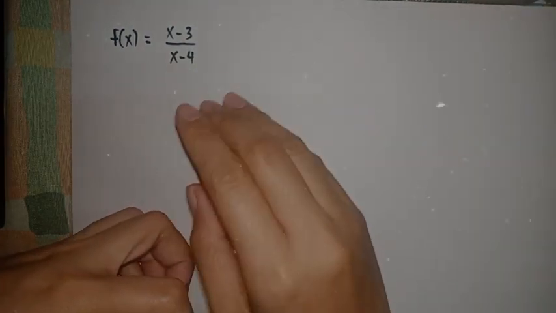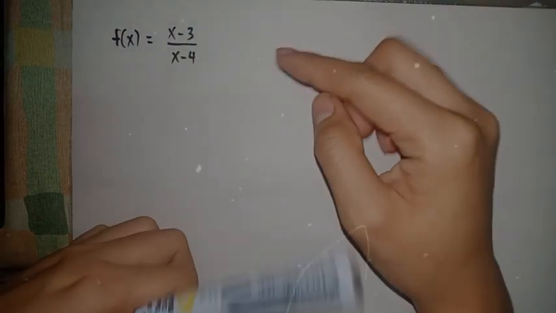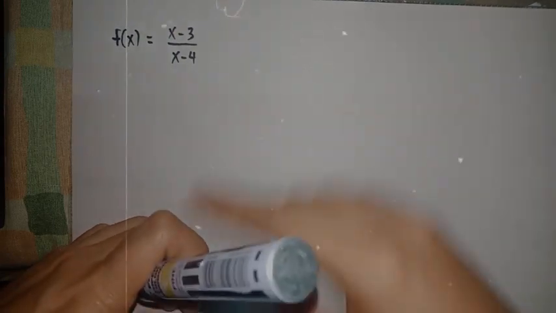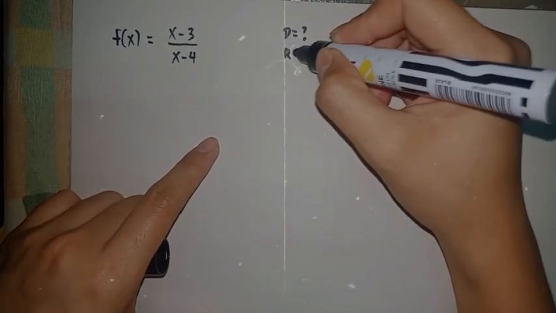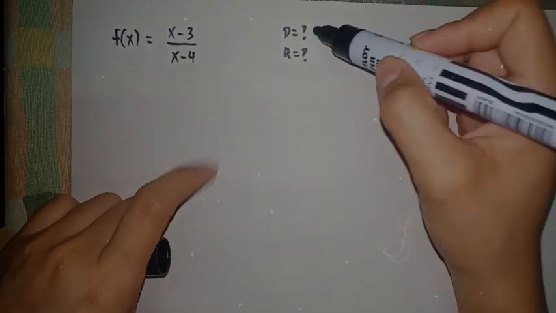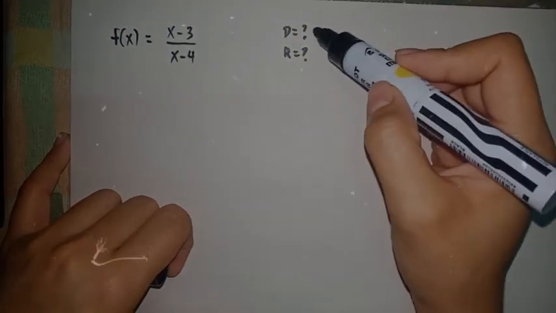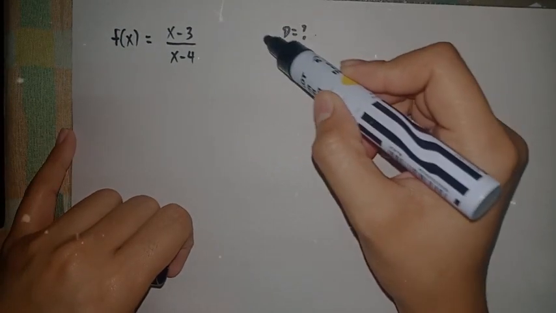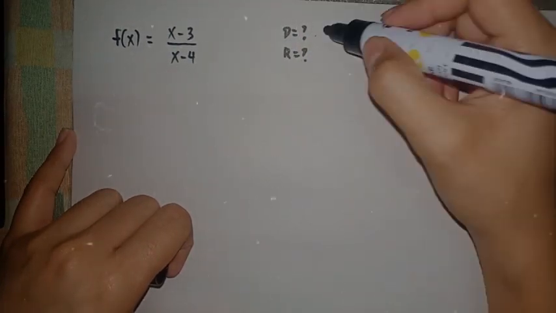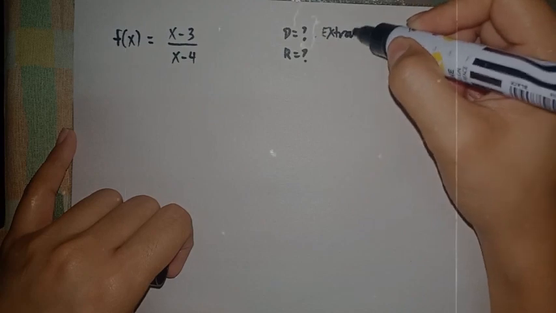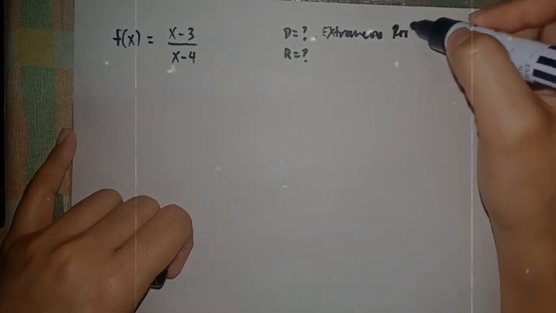So, for this instance, I have here the function (x minus 3) all over (x minus 4). Now, we are looking for the values of domain and the values of range. Let's have the domain first. For the values of domain, we can only identify that using the restrictions of domain, meaning we have to look for the extraneous roots.